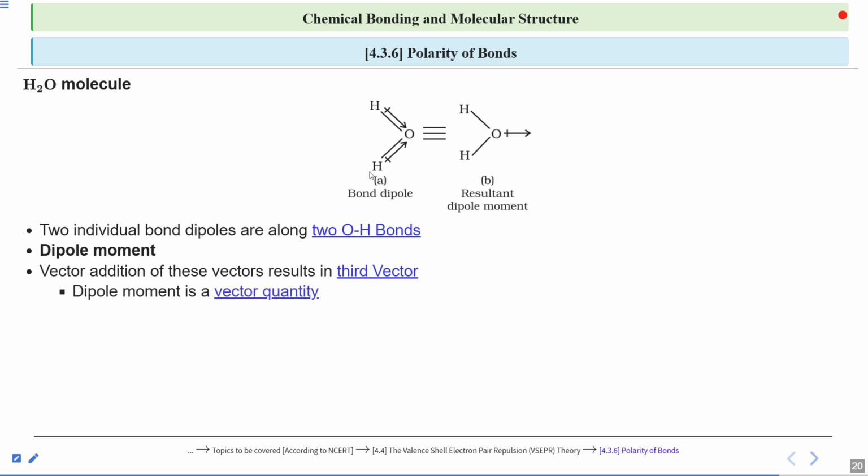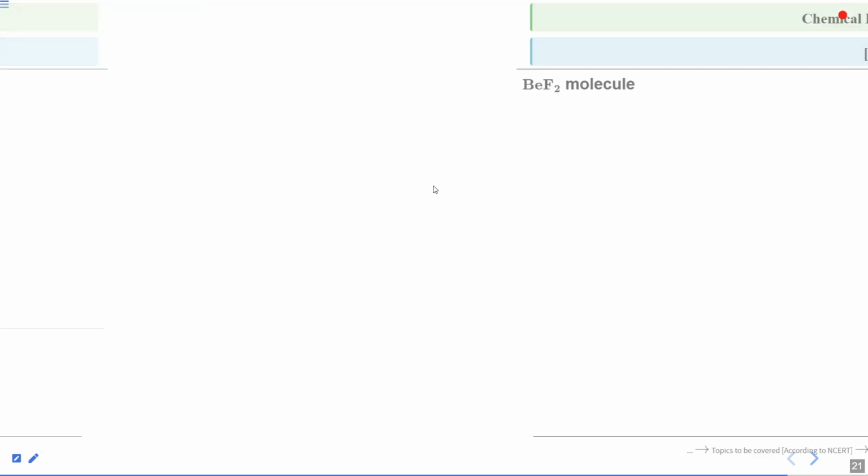And why is all of this happening? Because your dipole moment is a vector quantity, and you can add these two vectors to give a third resultant vector. From this discussion, we can easily say that your water molecule is polar in nature because it has a net dipole moment in this direction, which is a result of these two individual dipole moments.